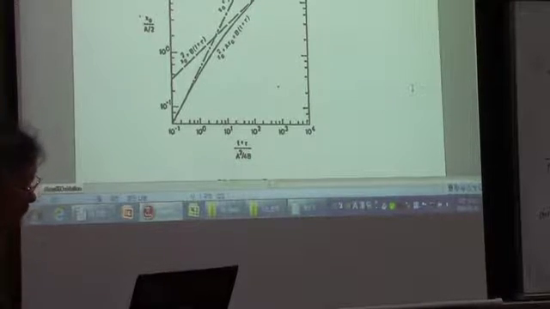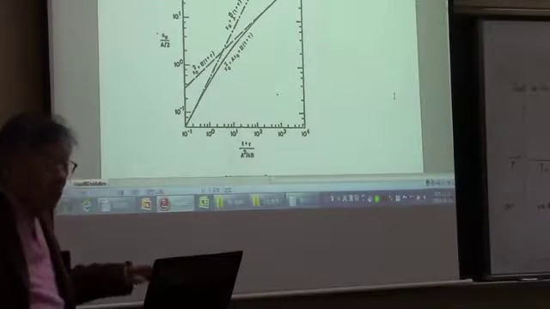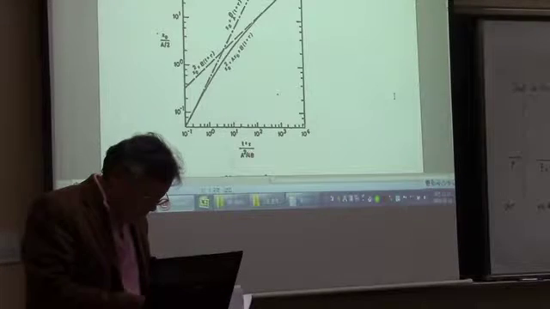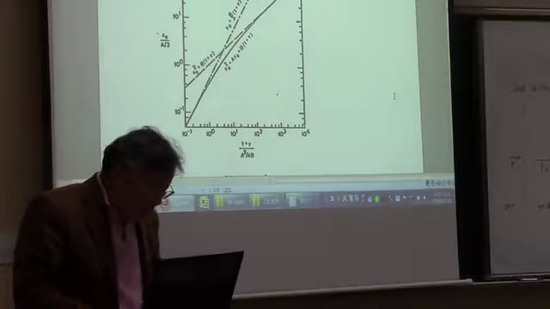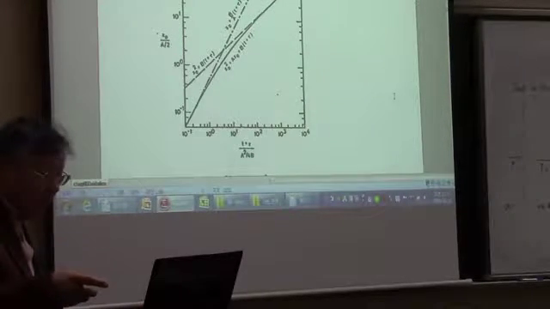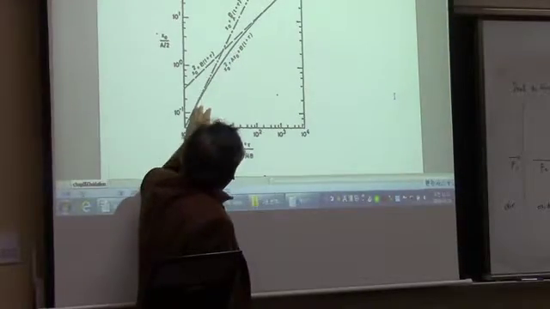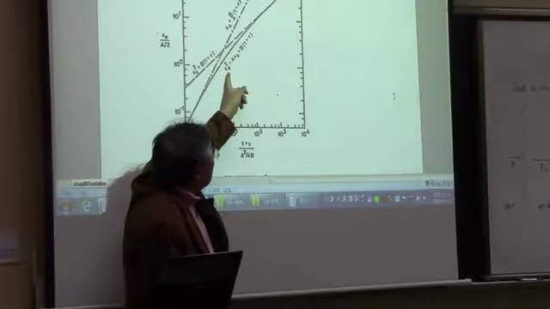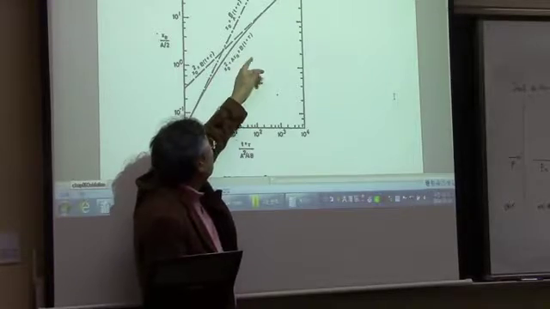This is the first figure, and what it says here is that we have the parabolic rate constant, and this curve is the real, the full equation related to the oxide thickness, x squared plus A x naught plus B, something like that.